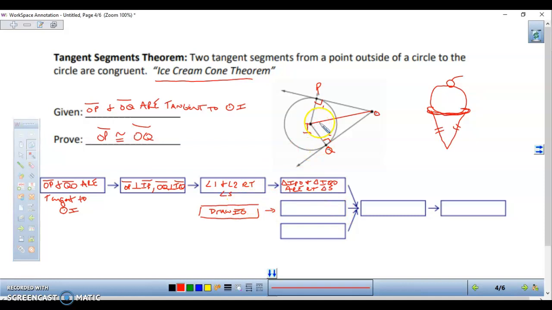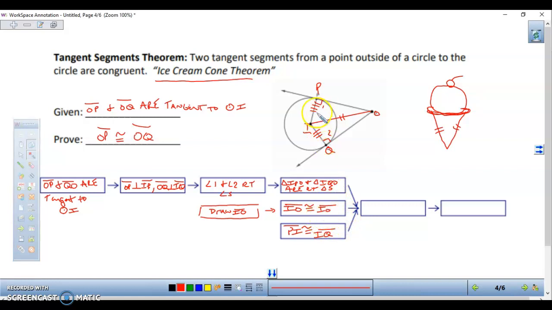And after I drew IO, it is congruent to itself. It's a shared side, and also by the definition of radius in a circle, those two radii would be congruent. So segment PI is congruent to segment IQ.